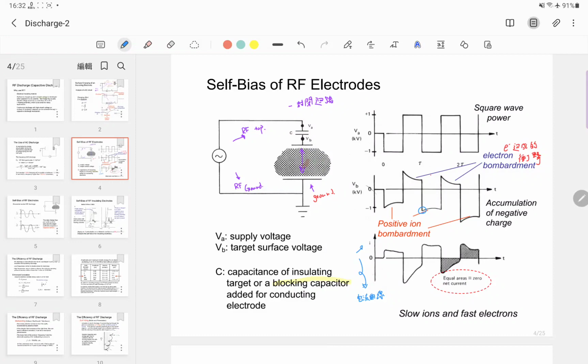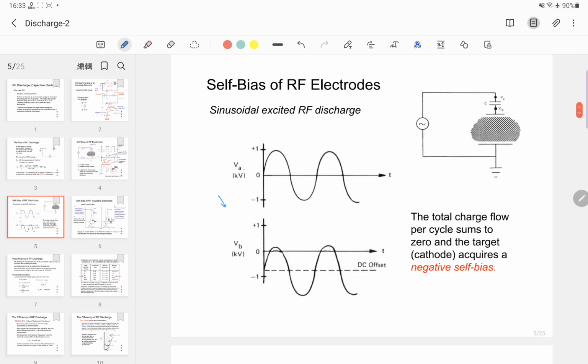Okay, so last hour we have already learned that if we use an RF power supply with the sinusoidal output form, the surface of the top electrode, the RF hot electrode, will become negatively charged most of the time and positively charged for a very small fraction of the time.